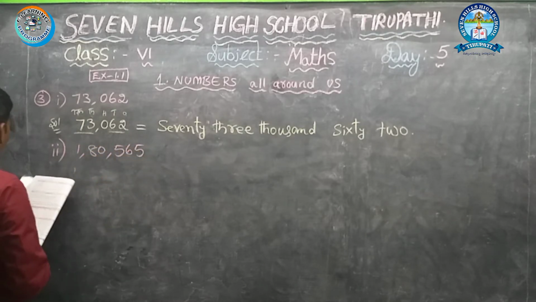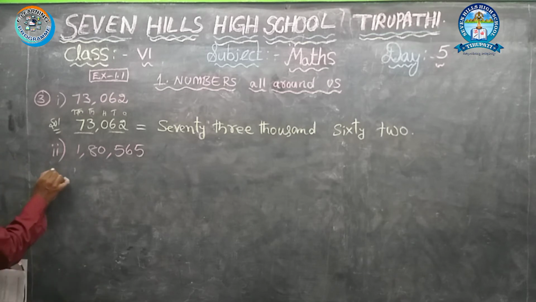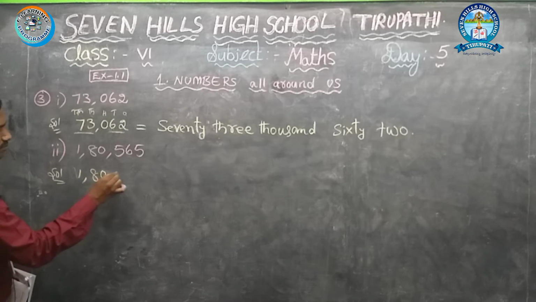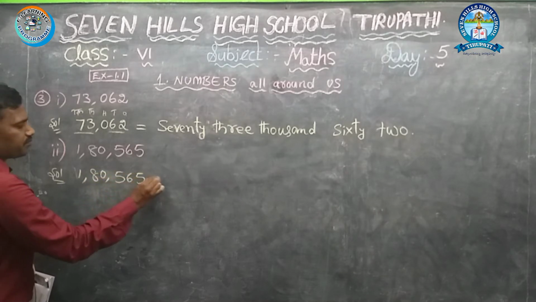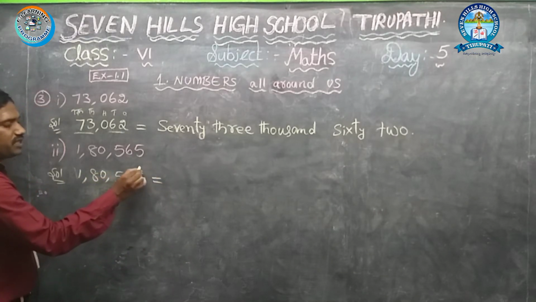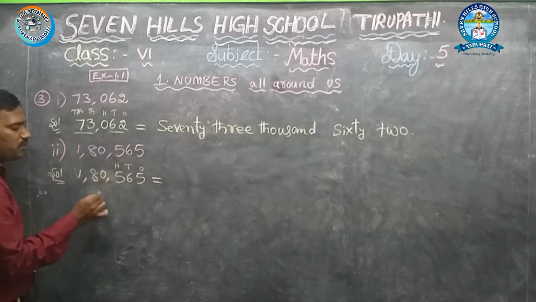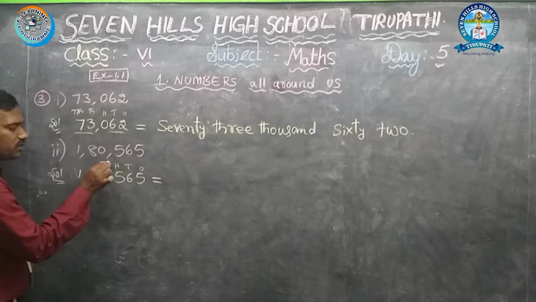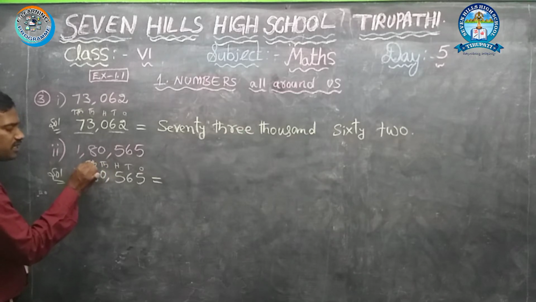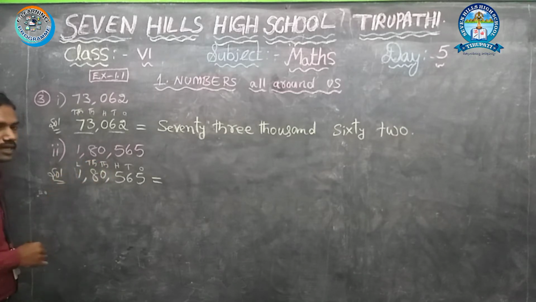And the second question is 180,565. Here 5 is in the ones place, 6 is in the tens place, 5 is in the hundreds place, 0 is in the thousands place, 8 is in the 10,000s place, 1 is in the lakhs place.